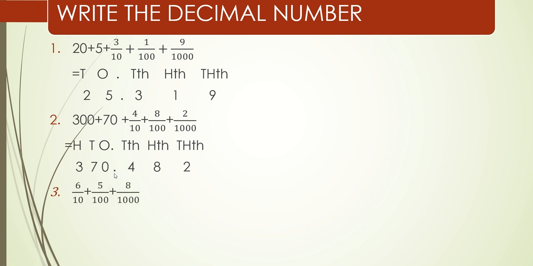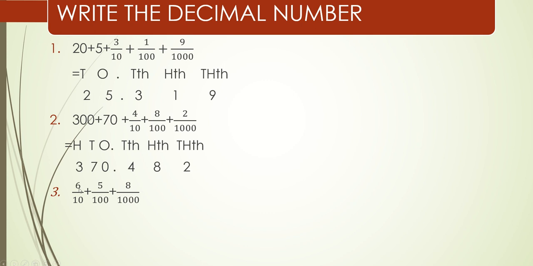Next question is 6 tenth plus 5 hundredth plus 8 thousandth. Now I have given only the fractional part, no whole part is there. So in the whole part you will write 0. You only have to convert this fractional part into decimal.